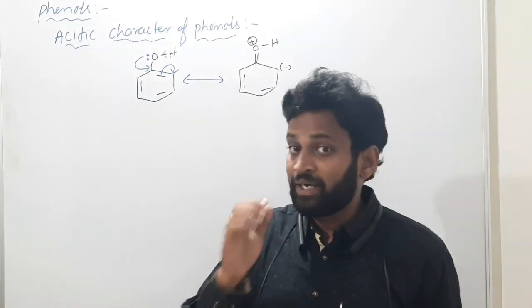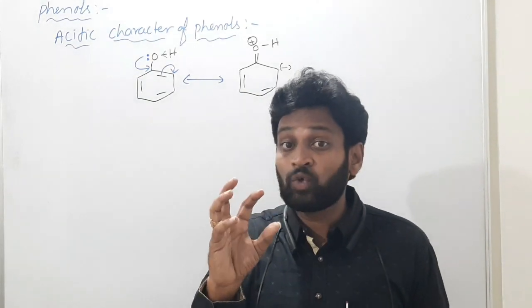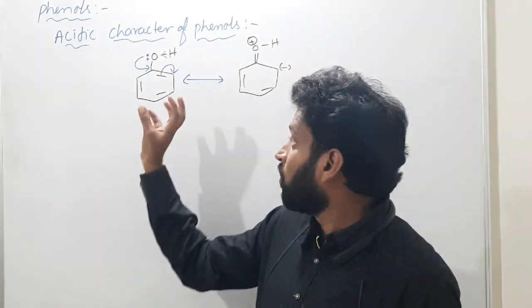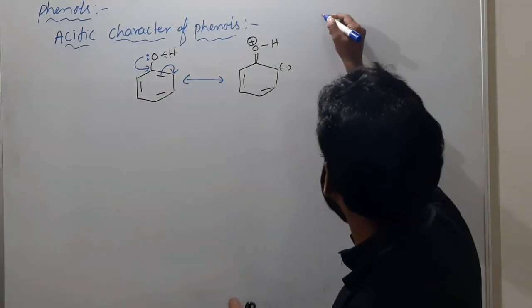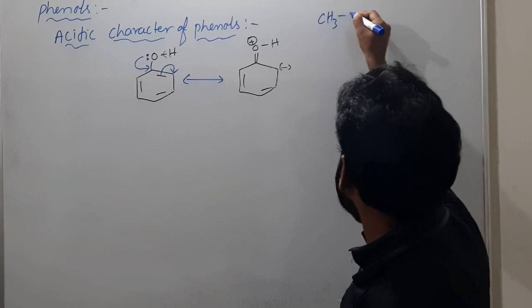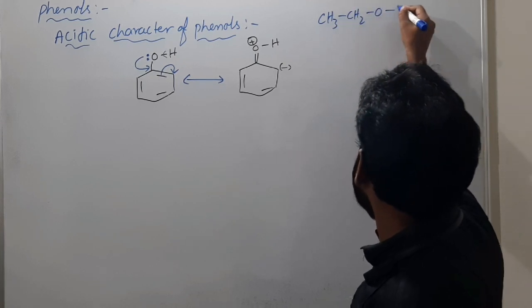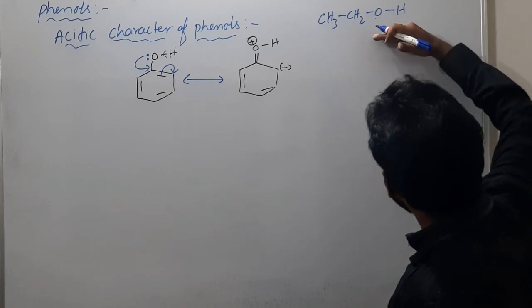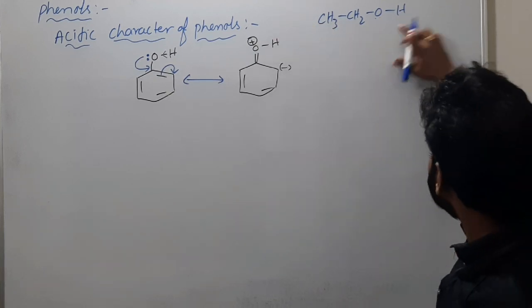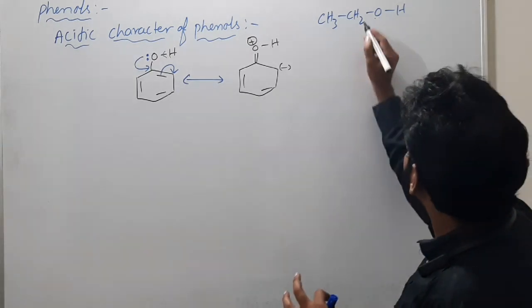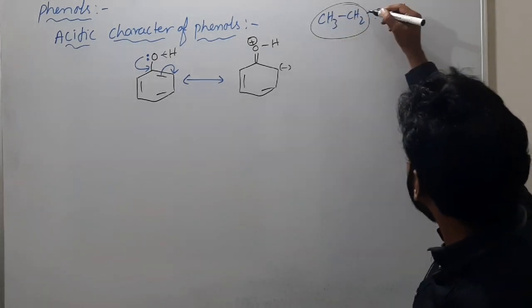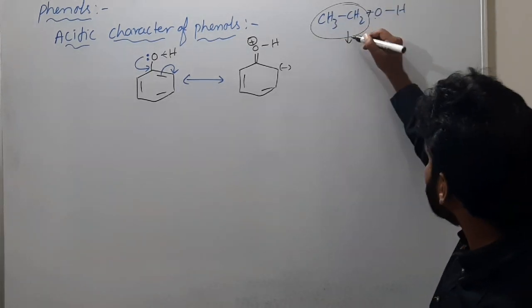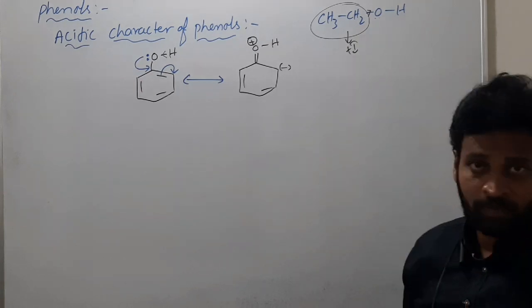But if the reverse happens, as I told you, in alcohols alkyl groups are electron donating groups. If you see CH3CH2OH, H plus can go easily only if electrons move away from oxygen towards the group. But here this alkyl group is donating electrons because it is a plus I group.